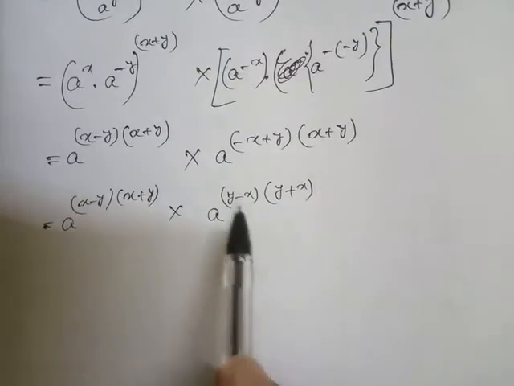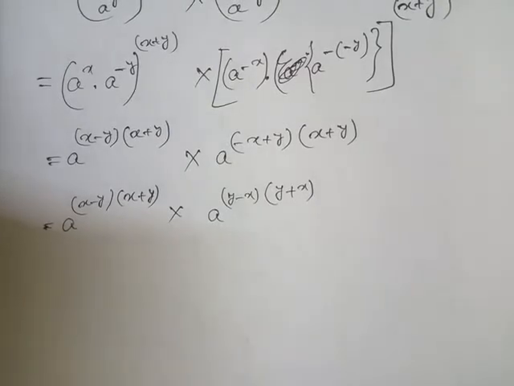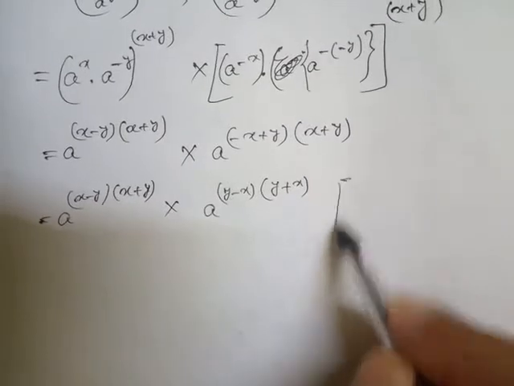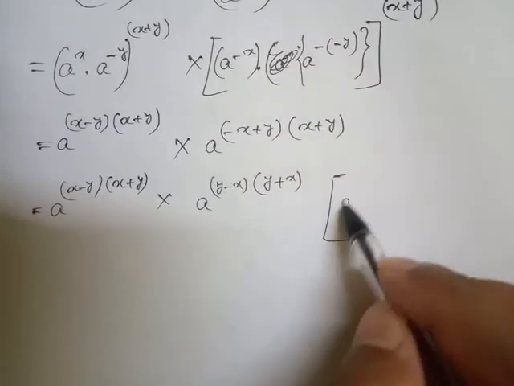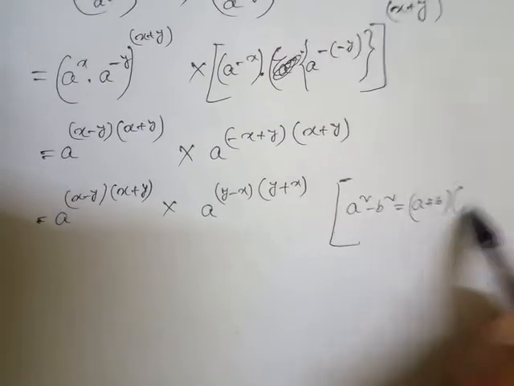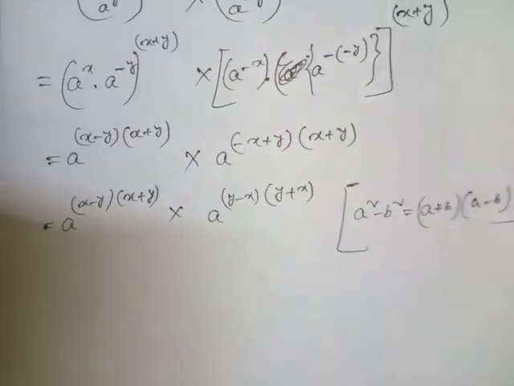Now look, one formula I am going to use here: a plus b into a minus b means a square minus b square. So that formula I am writing here by the side of the page: a square minus b square equal to a plus b and a minus b. This is the formula.